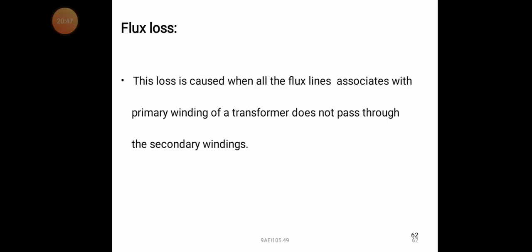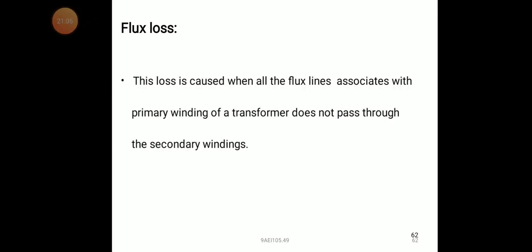So some sort of flux will be erased or not going to cut the secondary coil. So that amount of flux may be lost. So this is called flux losses.